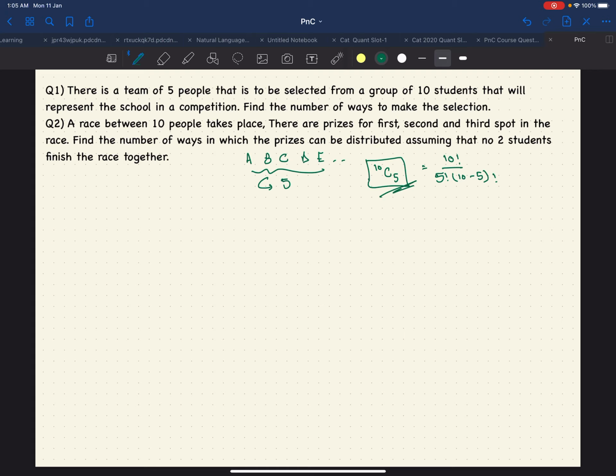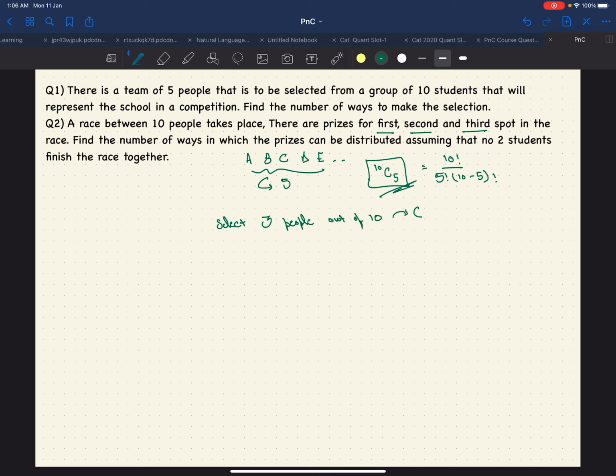Okay, the second question is a race between 10 people takes place. There are prizes for first, second and third spot in the race. Find the number of ways in which the prizes can be distributed, assuming that no 2 students finish the race together. So the first thing here is we are selecting 3 people out of 10.